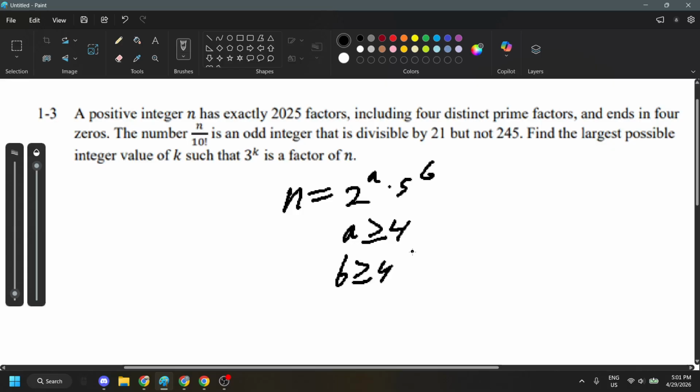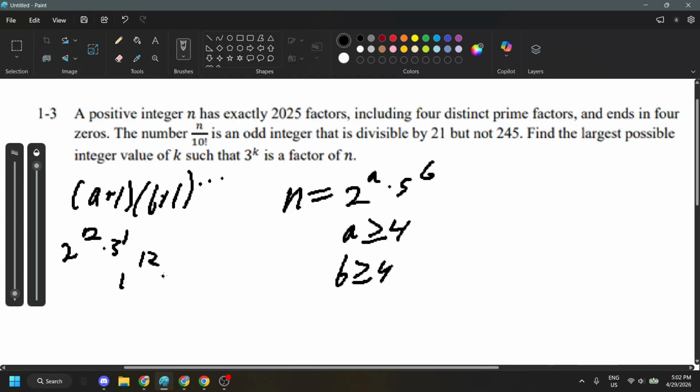If it has 2025 factors, there's a formula for factors. I believe it's, if you take the prime factorization, it's going to be a plus 1 times b plus 1, dot dot dot. We have 2 to the 2 times 3 to the 1. The different factors, this is going to be 12. The different factors are 1, 12, 2, 6, 3, 4.